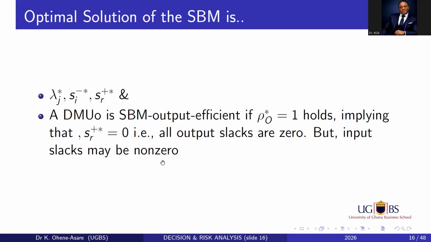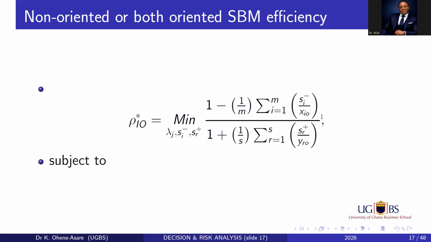If the input slacks are non-zero, that's okay. But the output slack must be 0. And even though we are putting the efficiency score between 0 and 1, once this one is 1, 1 divided by the rho is 1. So that matches it.